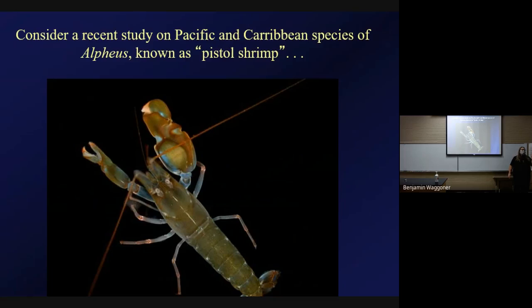What they're able to do with it is bring up the claw and snap it in such a way that they actually very, very briefly create a bubble of vacuum in the water.